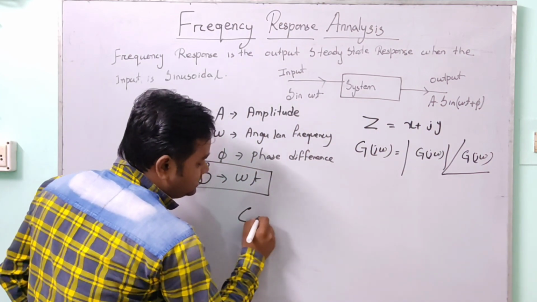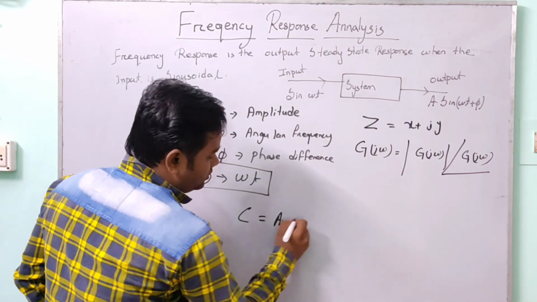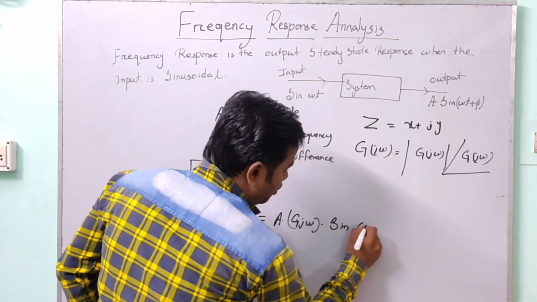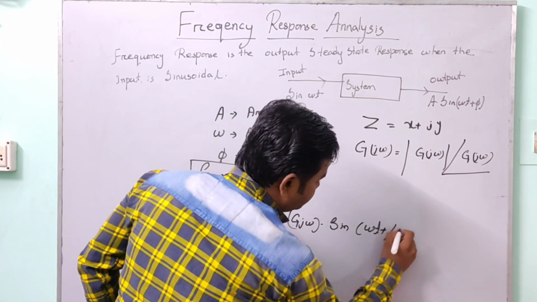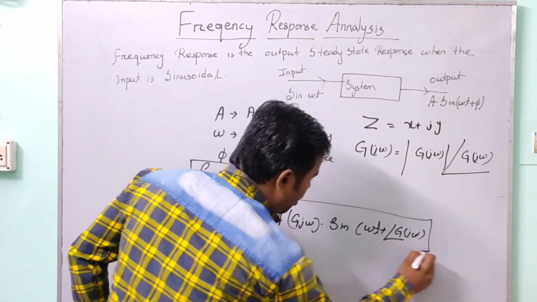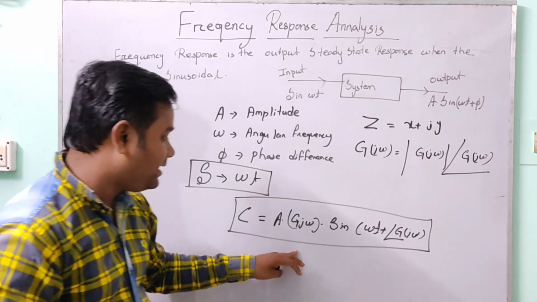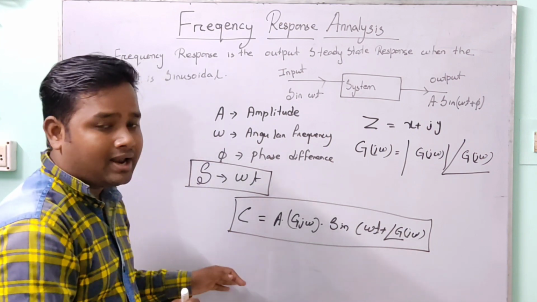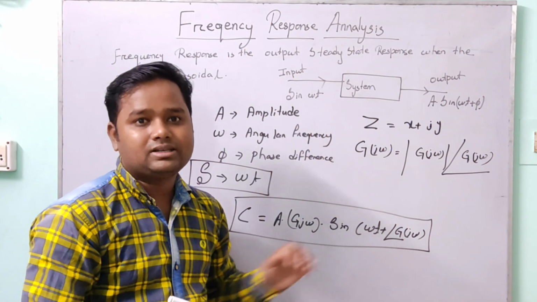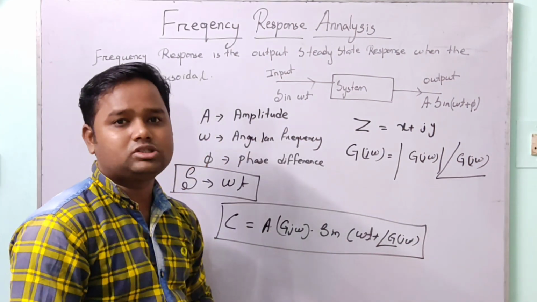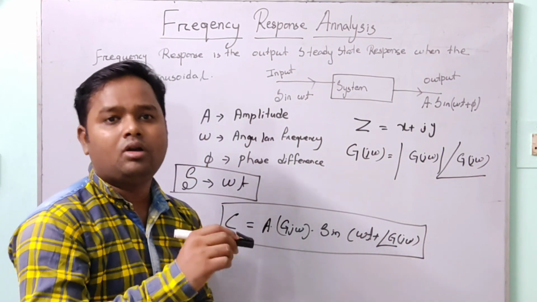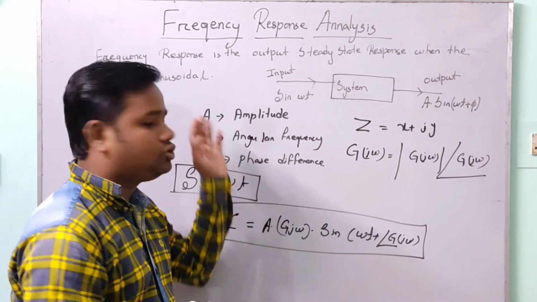The output C will be A into the magnitude of G of j omega into sine of omega t plus the angle of G of j omega. This is the output of a transfer function when the input is sinusoidal, denoted in the S domain, that is, in the complex number. This equation denotes the output of the frequency response analysis. This is the basic output formula when the input is sinusoidal.